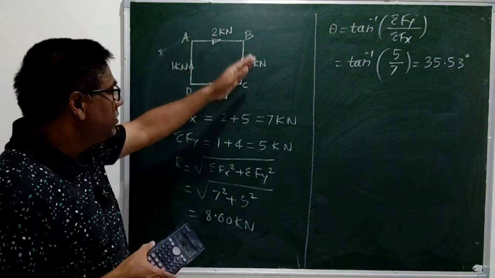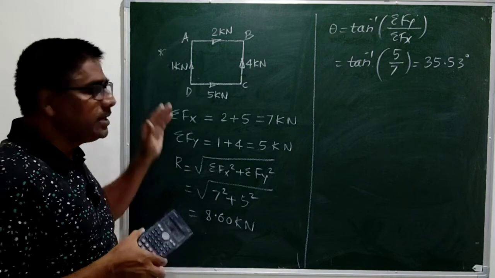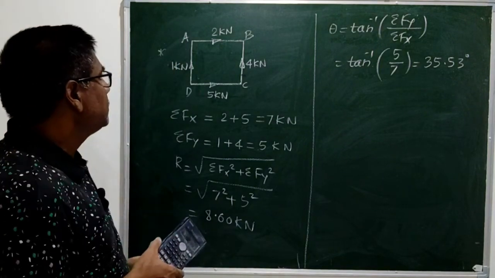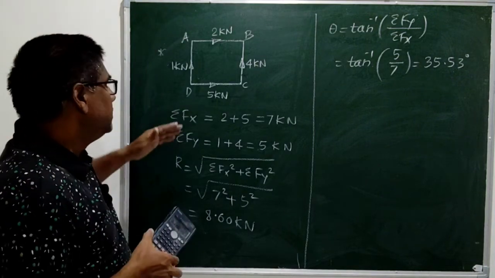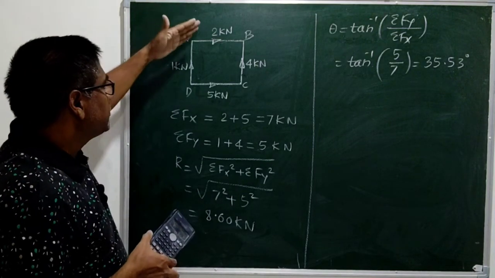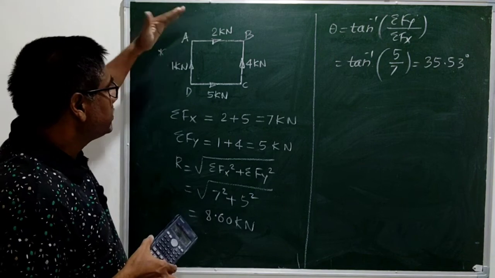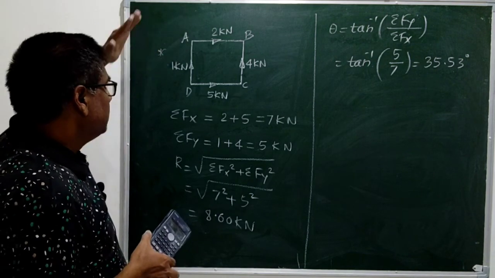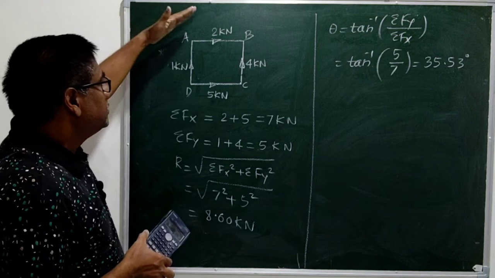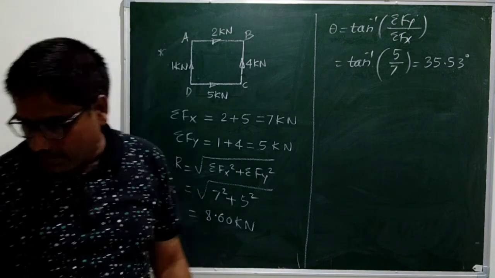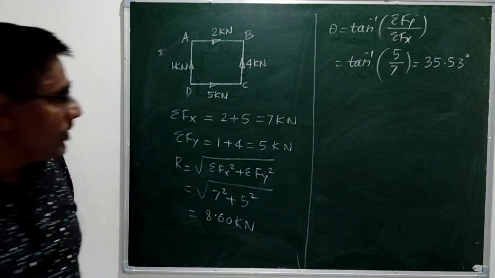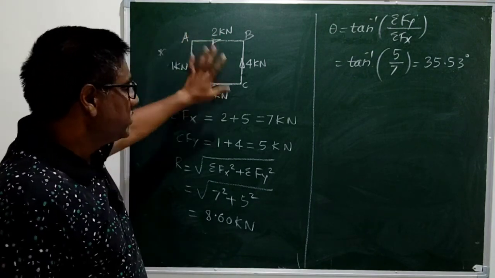Out of these four fixed points, we have to select any one as a reference to locate the resultant. In this problem I am selecting A as a reference to give the location of the resultant force.